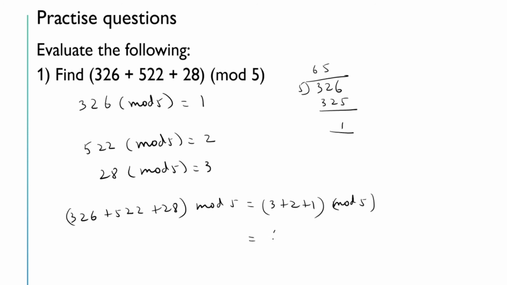So this is equal to 6 mod 5, which is equal to 1. That is, when we divide 6 by 5, we get the remainder as 1.